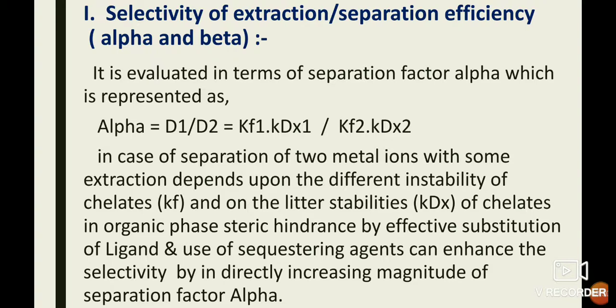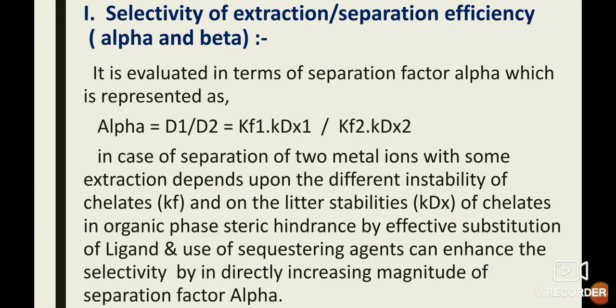It is evaluated in terms of the separation factor alpha, which is represented as alpha equal to D1 by D2, meaning the distribution ratio of one metal divided by the distribution ratio of another metal.